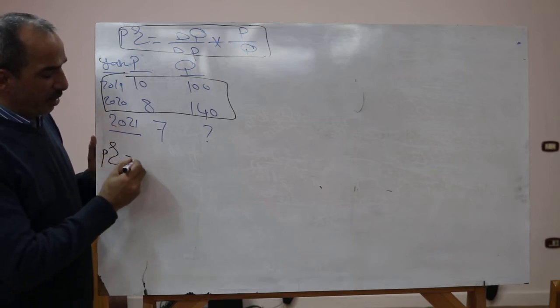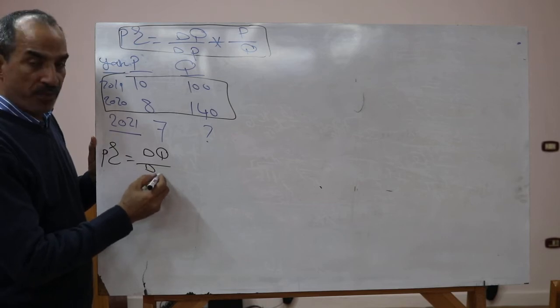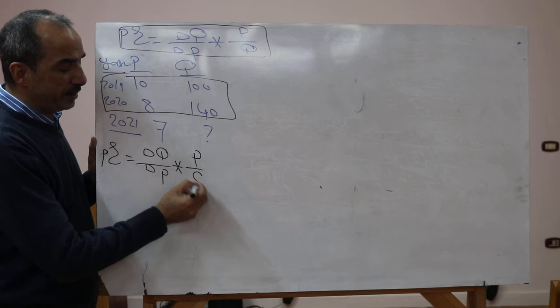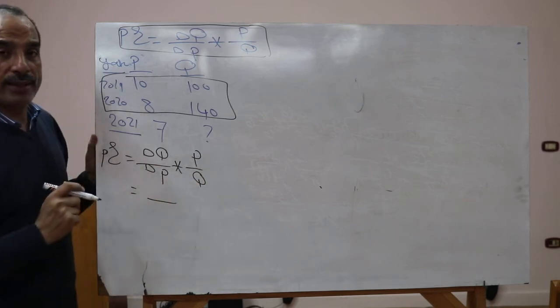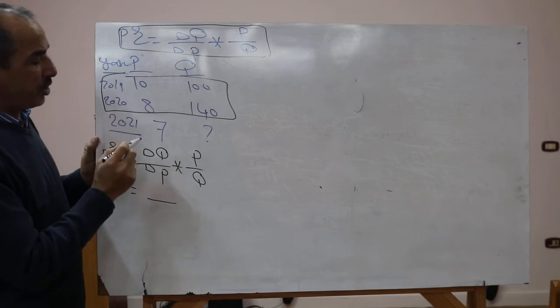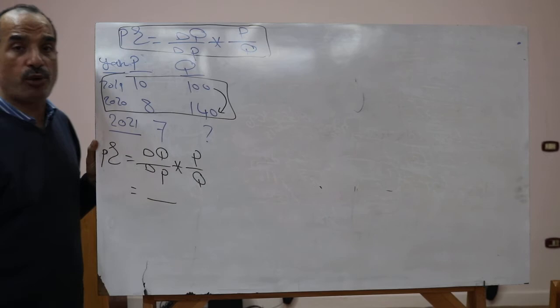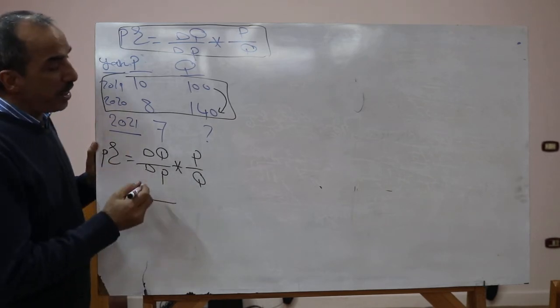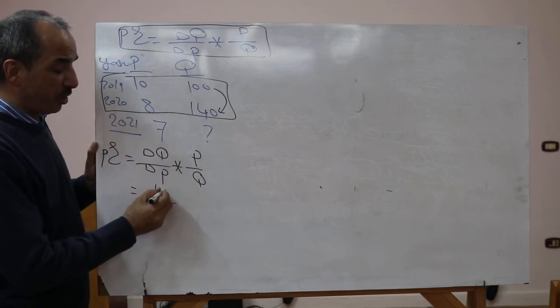Price elastic equals change in quantity over change in price, times price over quantity. The change in quantity: the quantity increased from 100 to 140, equals positive 40.